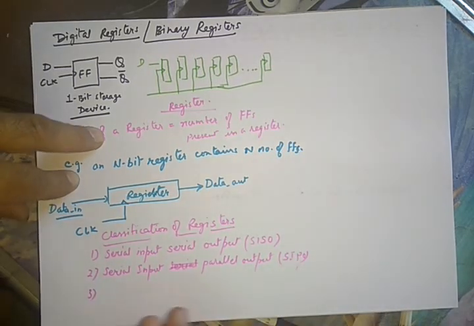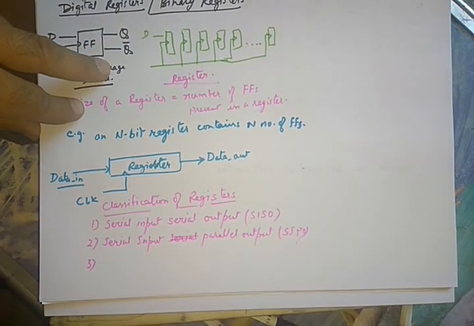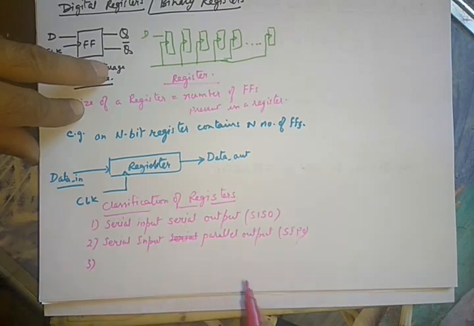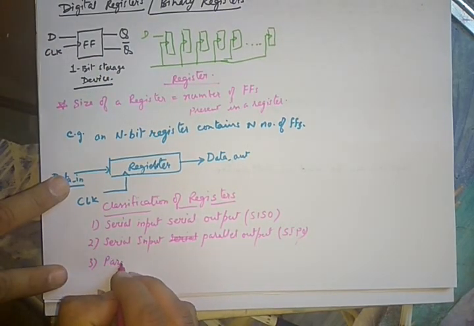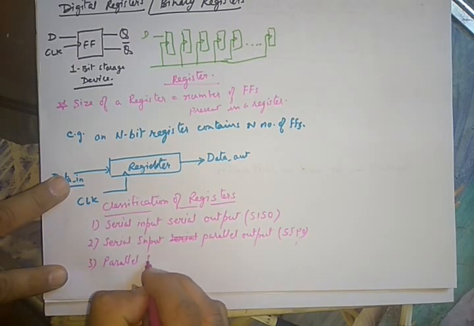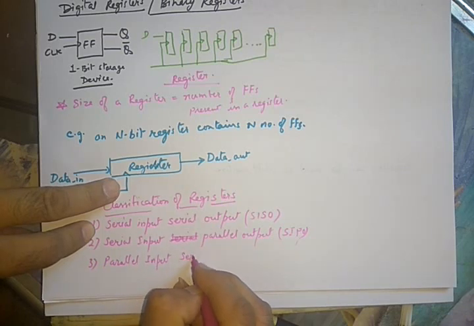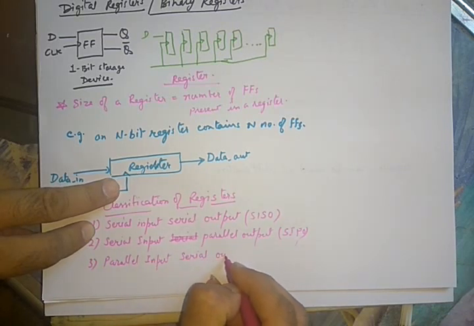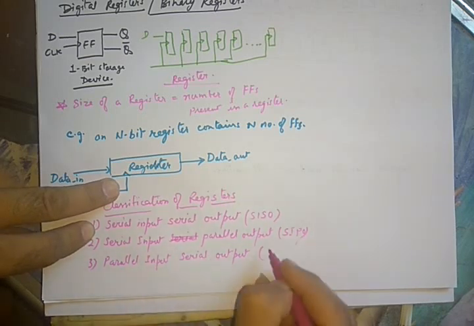Third is parallel input serial output register, that is PISO.